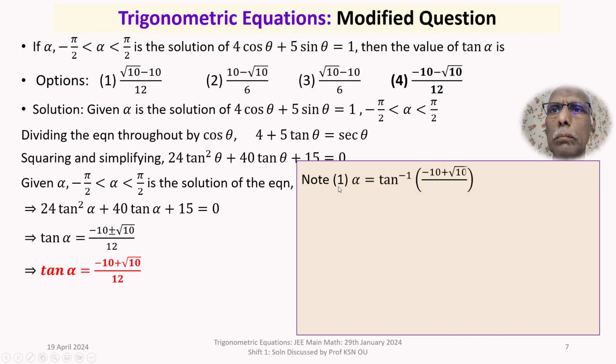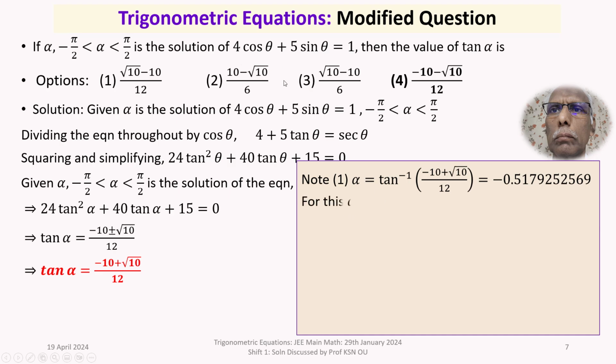Note that, first, take alpha is equal to tan inverse of minus 10 plus root 10 by 12. Now, if you have a calculator and compute it, you will get minus 0.517925259. For this alpha, what happens to the given equation?